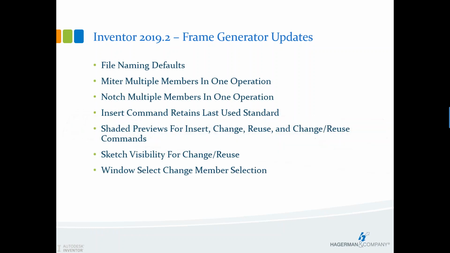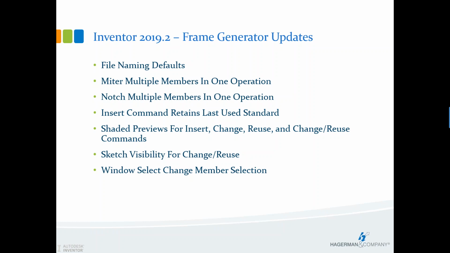So for Inventor 2019.1 and .2, what we're going to take a look at today are the new file naming defaults that we now have control of to modify. In previous releases we didn't have access to that. We can also miter multiple members in one operation, and notch multiple members in one operation as well.